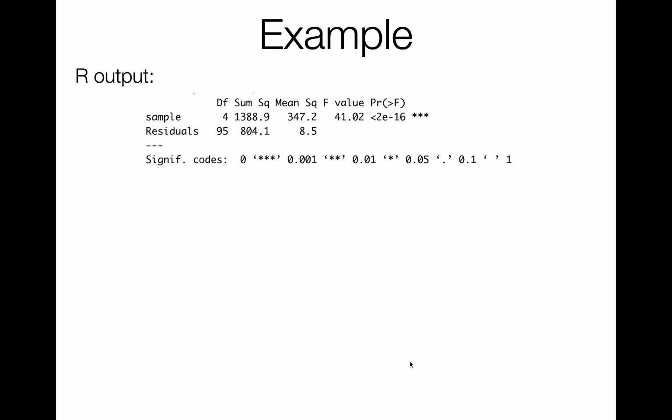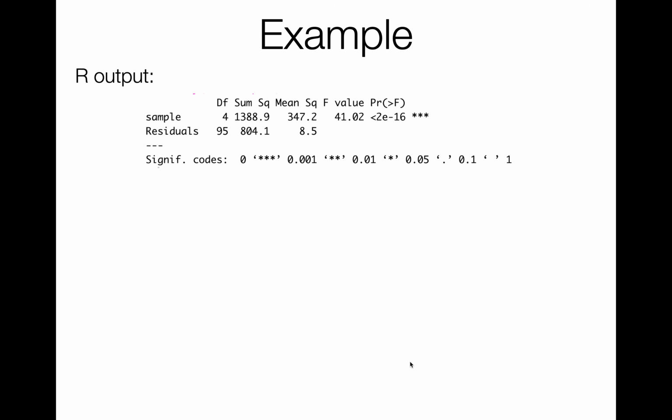It looks like a table, and in fact, this structure is called an ANOVA table, where it has the DF, sum SQ, mean SQ, F, and then P. This setup is used for other things than ANOVA in statistics, but we're only talking about it with ANOVA.